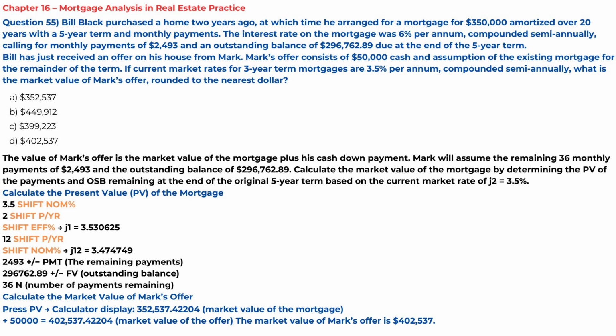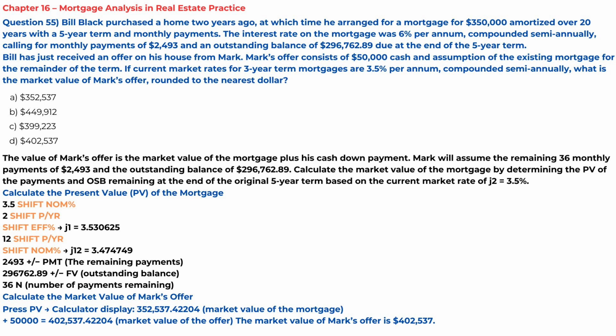Calculate the present value, PV, of the mortgage. 3.5, Shift NOM 2, Shift P/YR. Shift effective, calculator stores J1 equals 3.53625. 12, Shift P/YR. Shift NOM, calculator displays J12 equals 3.474749. 2,493 plus/minus sign, and then press PMT, the remaining payments. 296,762.89 plus/minus sign, and press FV, outstanding balance. 36 N, number of payments remaining.